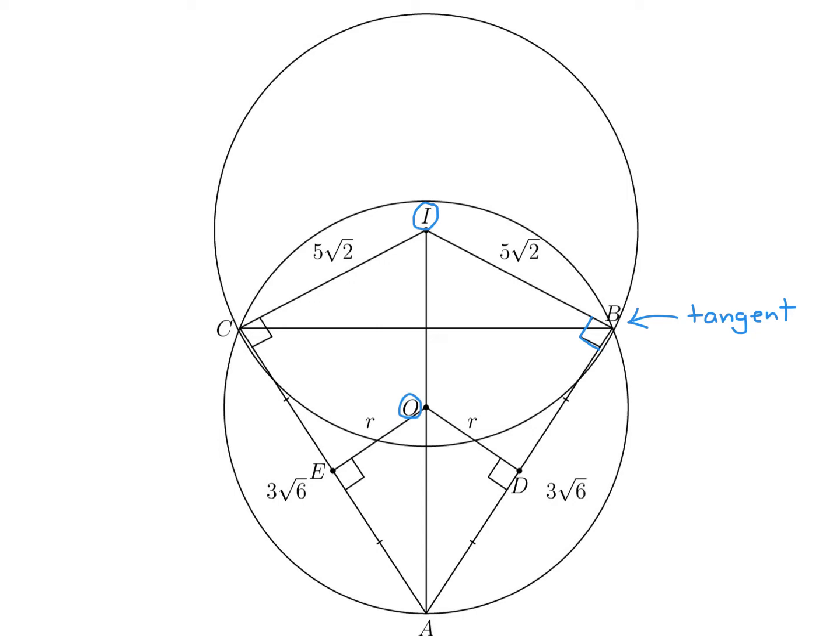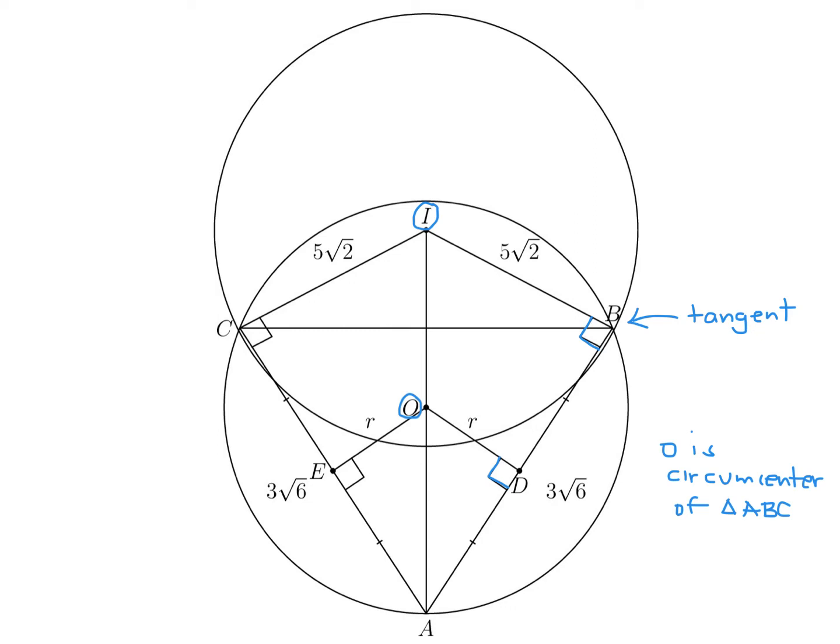And this 90 degree angle right here is 90 degrees because O is the circumcenter of triangle ABC. And then another thing is that we have a perpendicular bisector of a chord here.